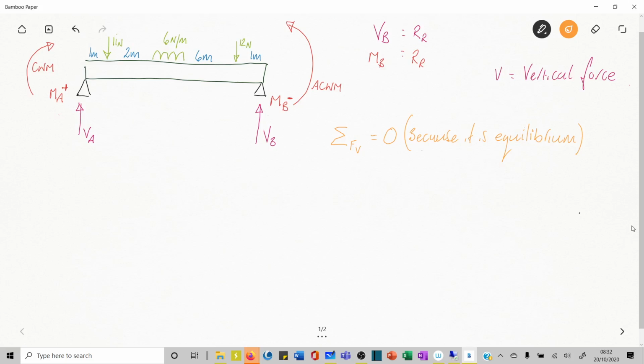Okay, because it's equilibrium, we say VA plus VB equals the total sum of forces.